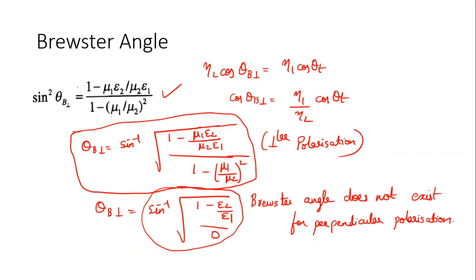Parallel polarization means the electric field is parallel to the plane of incidence, and in perpendicular polarization the electric field is perpendicular to the plane of incidence. That is one thing, the definition. Then you have to learn the equations separately for reflection coefficient, transmission coefficient, Brewster angle, and also the relation connecting reflection coefficient and transmission coefficient.